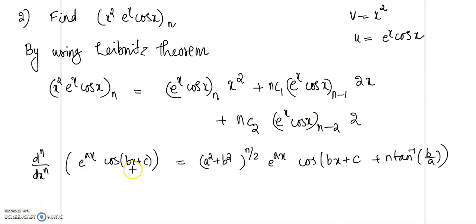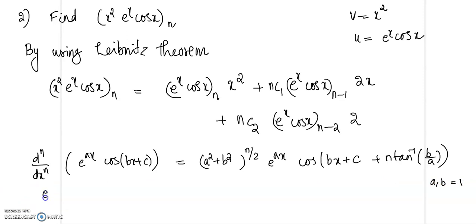Derivative of e raised to ax cos bx plus c is a square plus b square whole power n by 2 varum into e raised to ax cos bx plus c plus n tan inverse of b by a. So here a and b both are equal to 1.